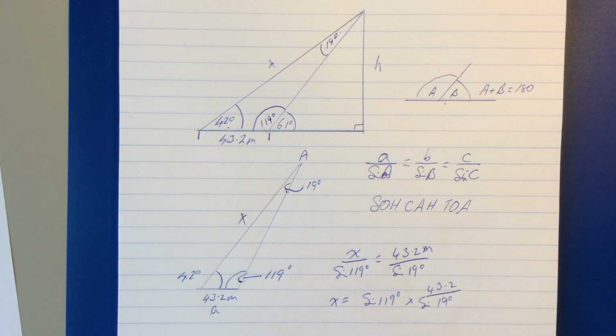So 43.2 divided by the sine of 19 degrees is 132.69. We multiply that by the sine of 119 degrees. It's just easier to do it that way on my calculator.